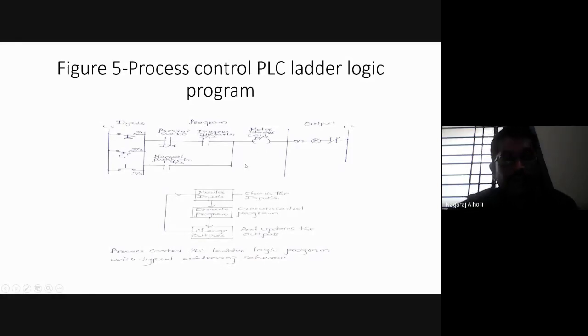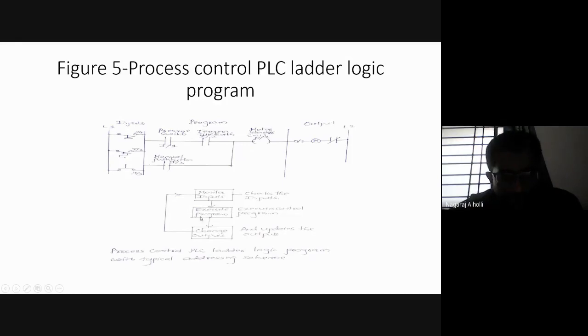Like how we have C language, C++ language, Java language, similarly we have instructions to write the program for the ladder rung diagram for the PLCs. Fine.